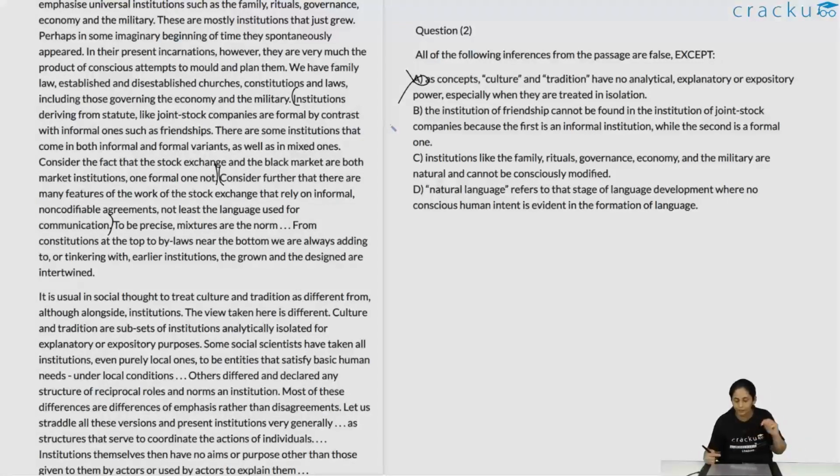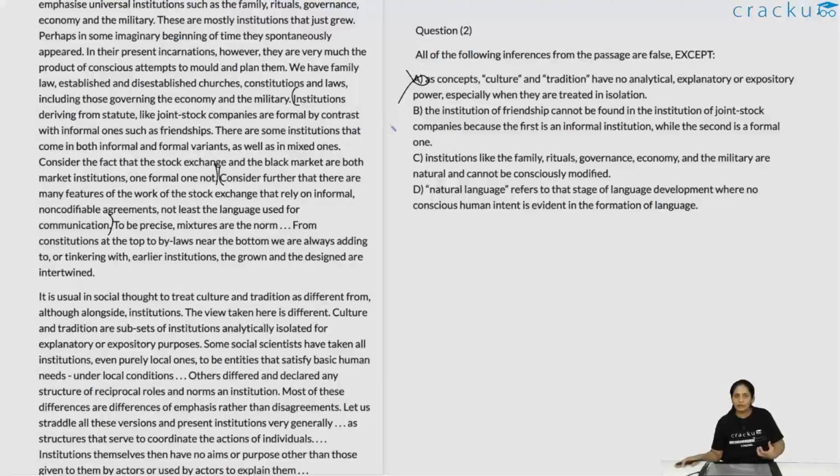I can eliminate it. Option B is: the institution of friendship cannot be found in the institution of joint stock companies because the first is an informal institution while the second is a formal one. This is again something that the author explicitly says no to. What he says is that one is formal, the other is informal. But even in formal institutions, for example, if you take the case of stock markets, many of the underlying aspects of formal institutions are also informal.